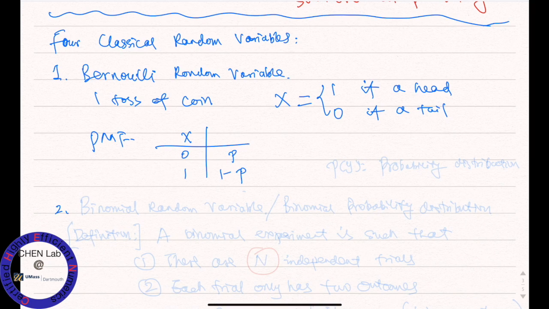The next is what we've spent quite some time on, the so-called binomial random variable, which leads to a probability distribution, right? This p of y, that's a probability distribution.